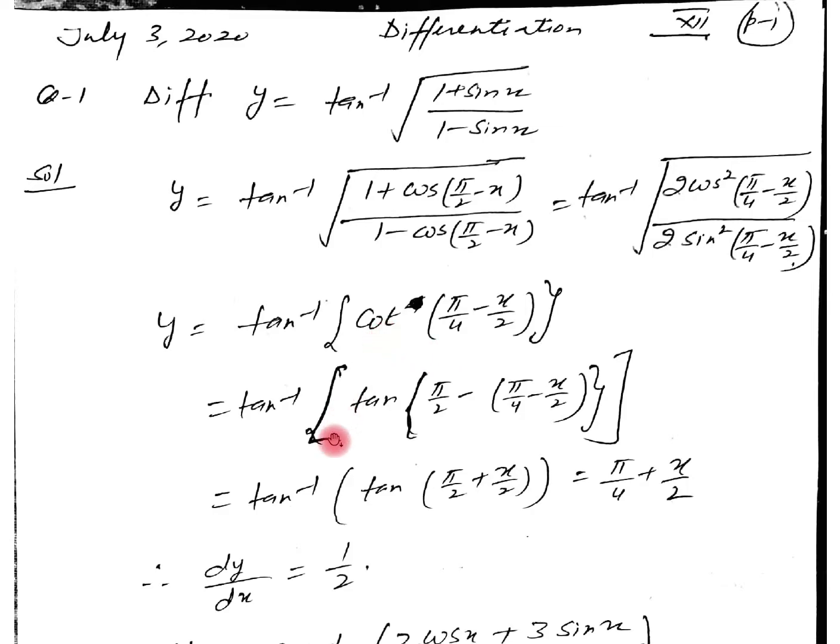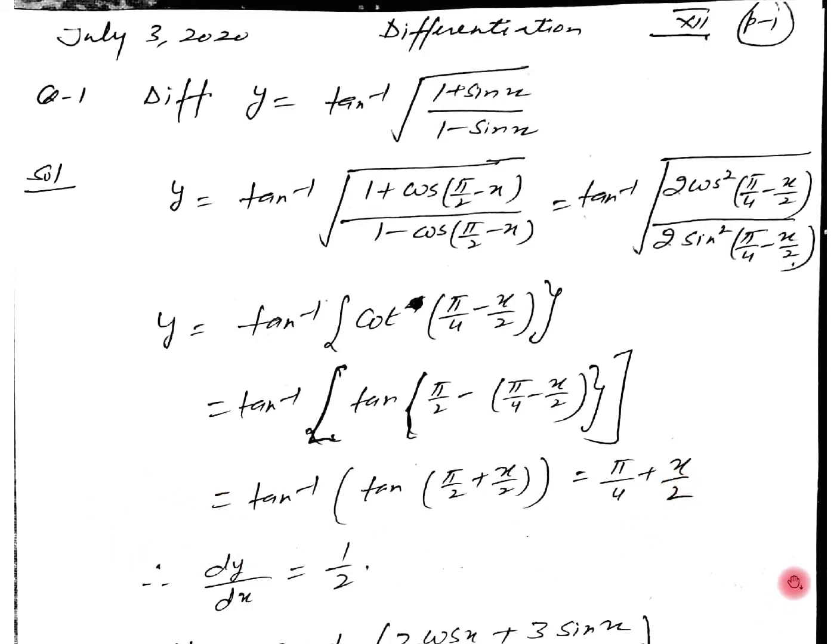Then using this result, it can be written as tan(pi by 2 minus (pi by 4 minus x by 2)). Simplifying the whole bracket, pi by 2 minus pi by 4 is pi by 4, so we get pi by 4 plus x by 2. Now we have the same t ratios here and here. So it can be written as y equal to pi by 4 plus x by 2.